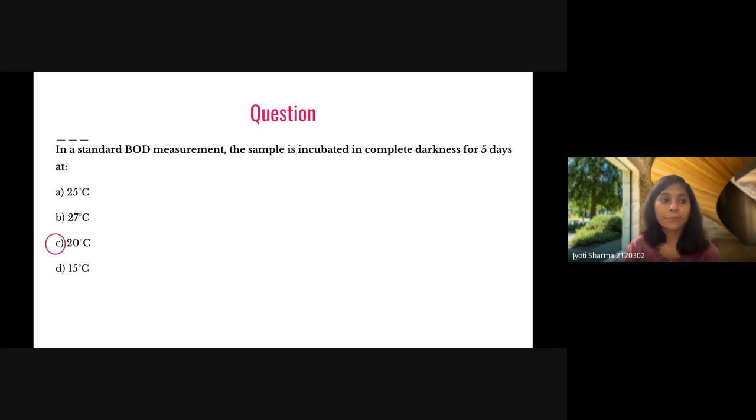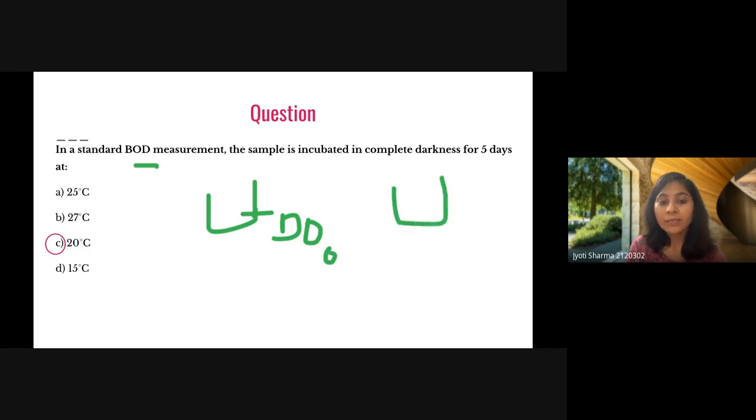Just see that if we want to calculate dissolved oxygen, then after we take the sample, within a few hours we have to analyze it using Winkler method. But BOD is what? We have some organic matter in the water, so this oxygen will be depleted over time. So what we have to do is measure dissolved oxygen at zero time, and then measure the dissolved oxygen after 5 days.